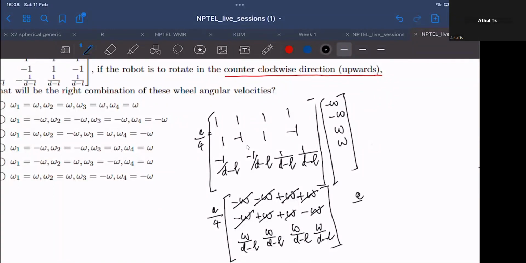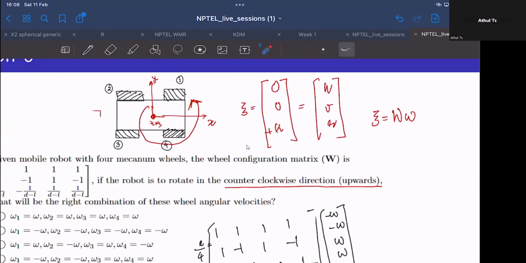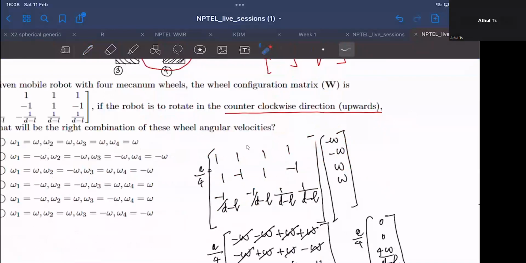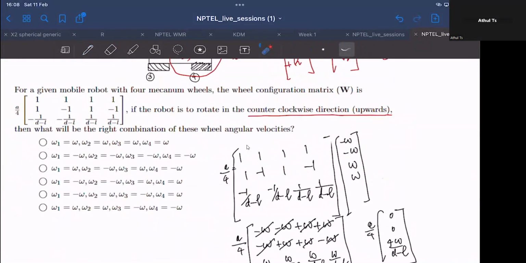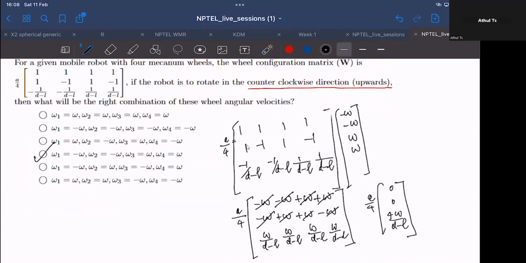So it'll be A by 4 times 0, 0, 4 omega by d minus L. So this is exactly similar to the form that we want over here. So we can confidently say that option 4 is the correct answer. I hope this is clear.